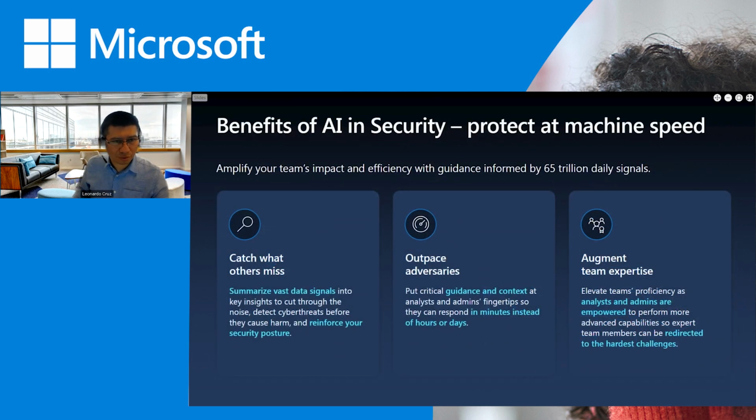Why use generative AI to protect our environment? The first one is that generative AI is capable of analyzing data very, very quickly and catching what others might be missing, right? If we are now doing this by human intervention, a human analyst doing this work of analysis, generative AI will probably help us to do it faster, right?